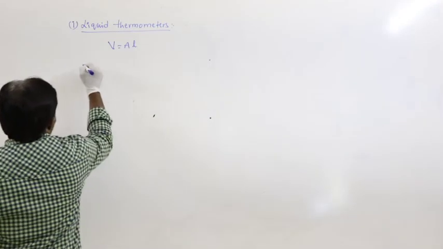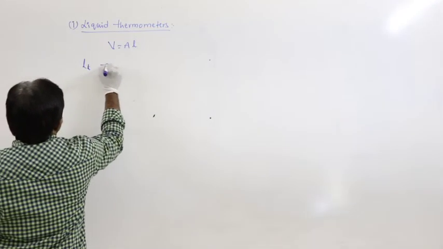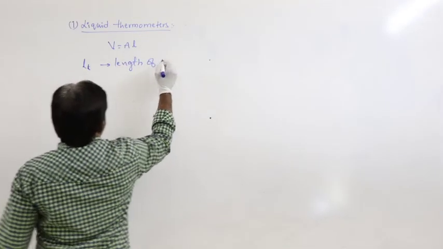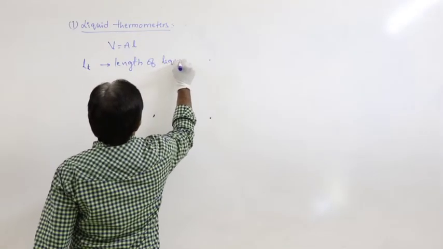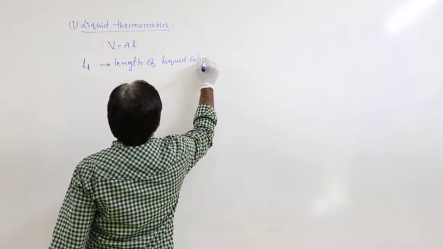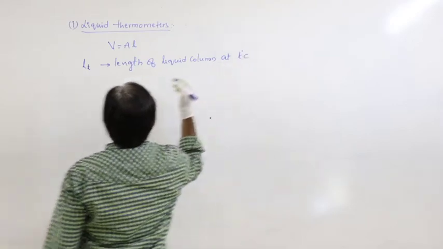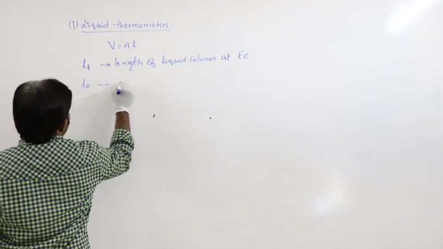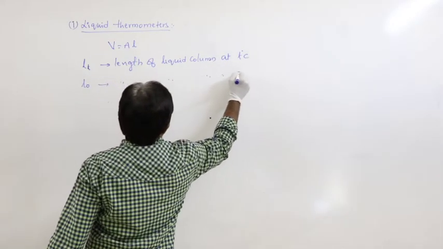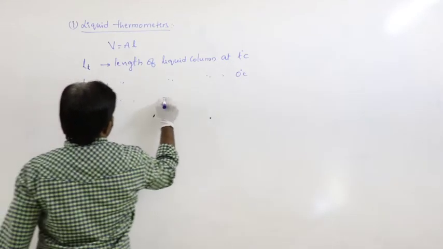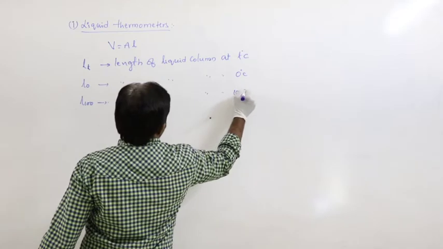So here let us say LT is the length of the liquid column at T degrees Celsius, L naught is the length of the liquid column at 0, and L100 is the length of the liquid column at 100.